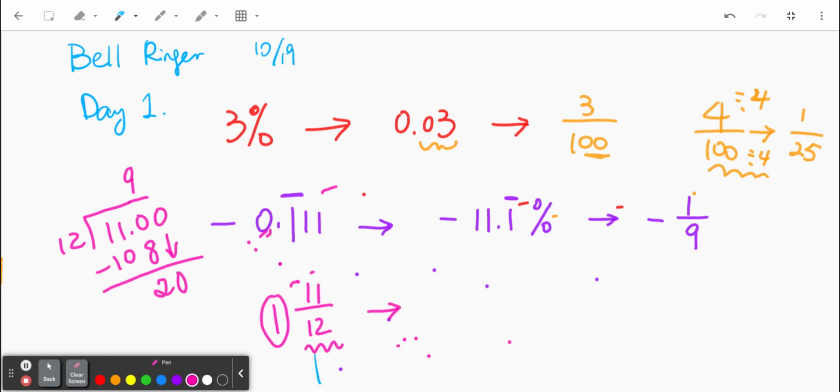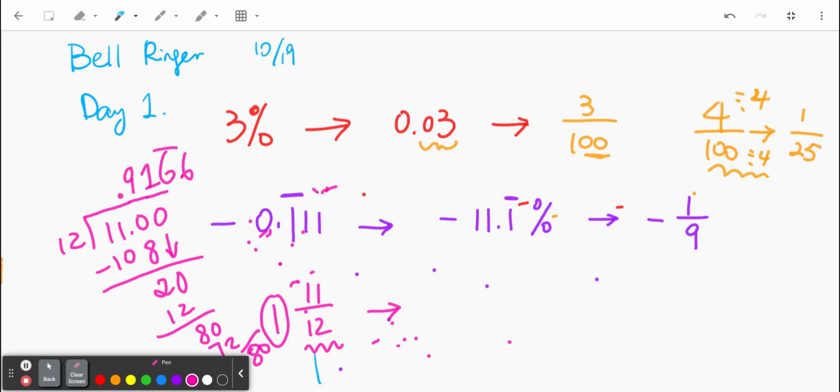So 20 divided by 12 is 1, and then 12, and then 80 divided by 12 is 6. Then it's 72, and then that's 80 again. So it's 6 repeating.